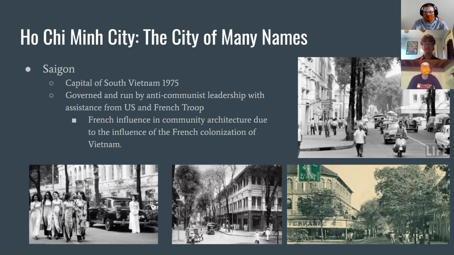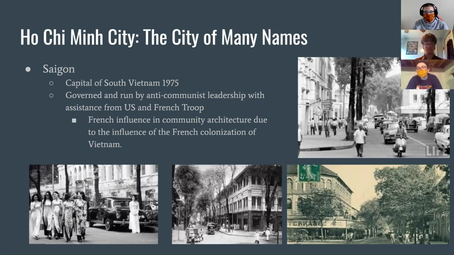Ho Chi Minh City has had a long timeline regarding their name and what they're called, just due to the turnover of the leadership. But Saigon was the capital of South Vietnam up until 1975, when the Communist Party took control of South Vietnam. As I said, it's governed and run by the anti-communist leadership with assistance from both the U.S. and the French troops.